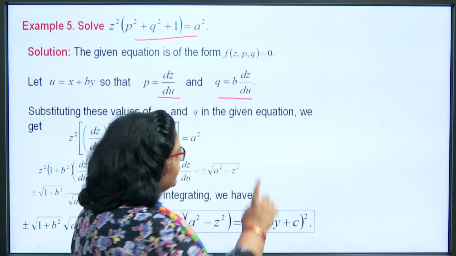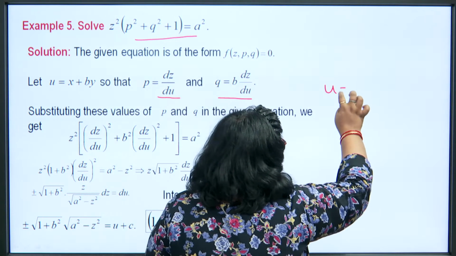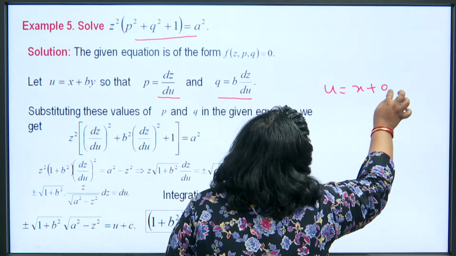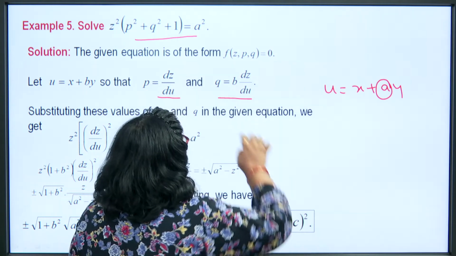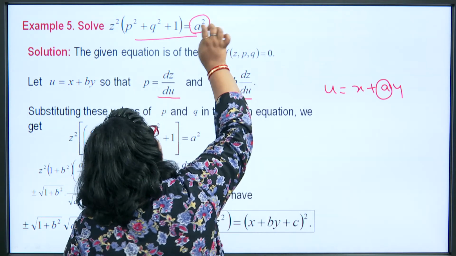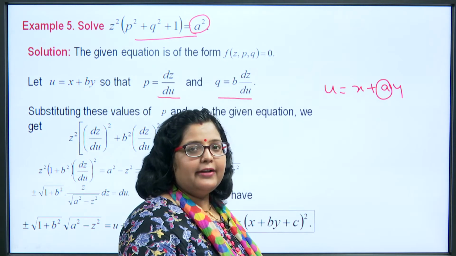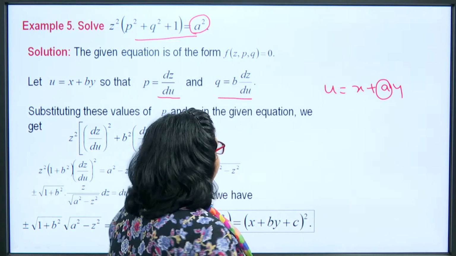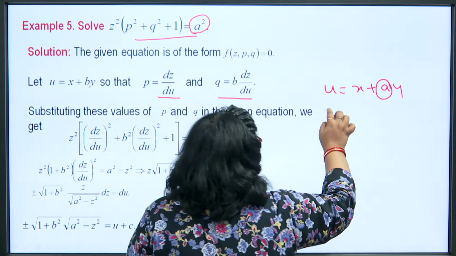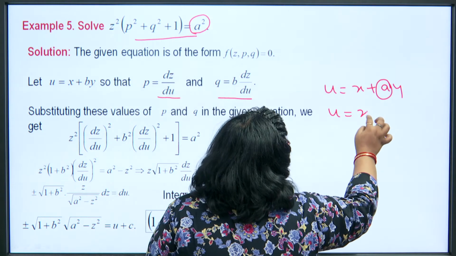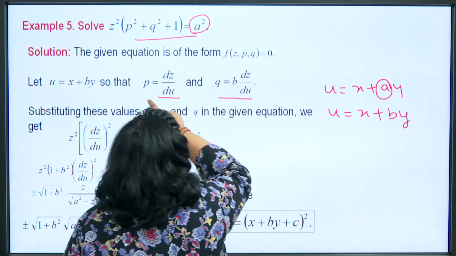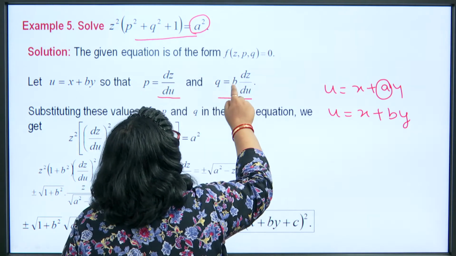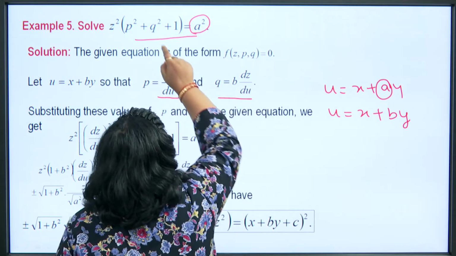Here we assume u = x + ay, where a is an arbitrary constant. But because a is already present in the equation, we let it be b. Okay, we assume that u = x + by and put the values p = dz/du, q = b dz/du in the equation.